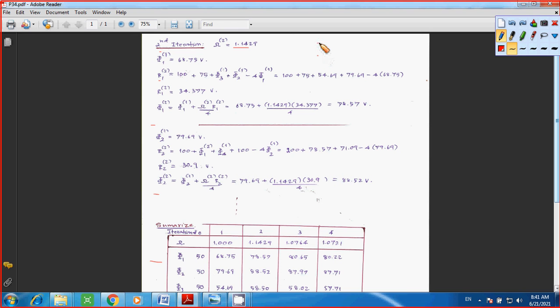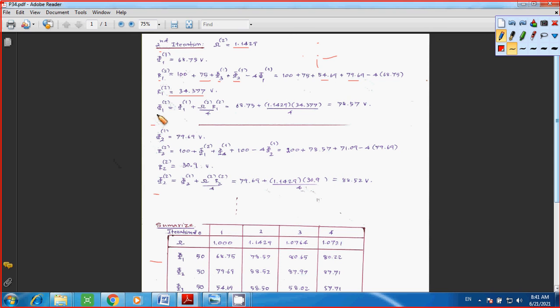The above is 100 volt, on the left is 75 volt, at the bottom that's the phi 3, on the right is the phi 2, and minus 4 phi 1 from the first iteration. Now you need to use the phi 3 from the first iteration, which is the 54.65, and phi 2 from the first iteration, which is the 79.69, and that gives you R1.